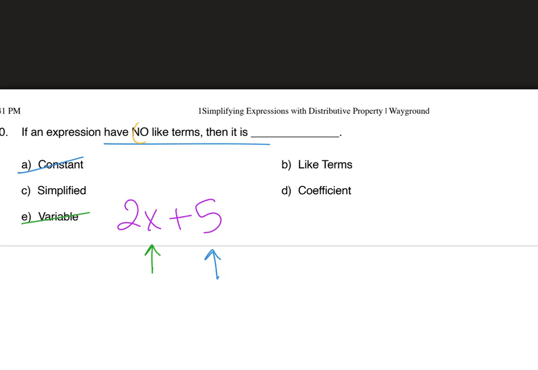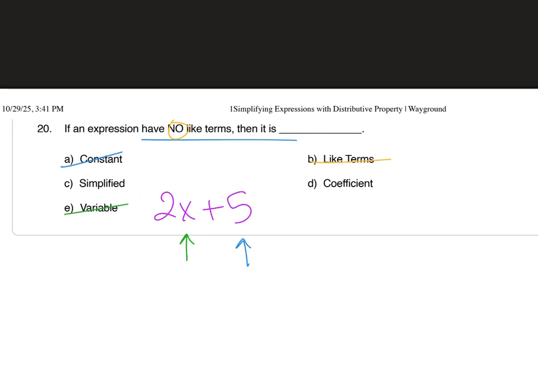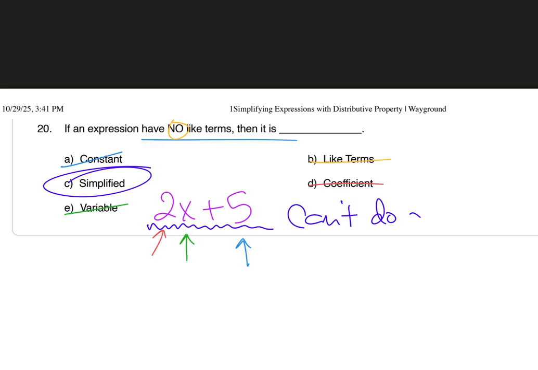Well, if there are no like terms, then why would it be like terms? It's coefficient? No, that's a coefficient. So even if you have no idea what simplified means, maybe you just figured it out. It's simplified when you have no like terms because you can't do any more things.